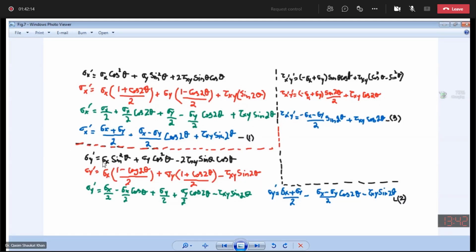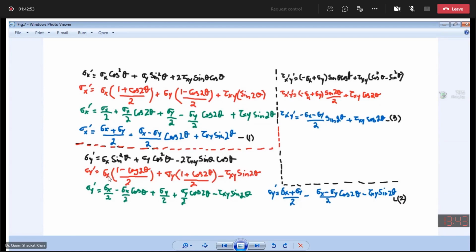Okay. Now the next expression we have is sigma y dash is equal to sigma x sin square theta plus sigma y cos square theta minus 2 times tau xy sin theta cos theta. So sigma y dash is equal to sigma x sin square theta, we are going to replace it with the identity 1 minus cos 2 theta over 2, plus sigma y cos square theta, replacing with the identity 1 plus cos 2 theta over 2, minus tau xy 2 sin theta cos theta, replaced with the identity sin 2 theta.